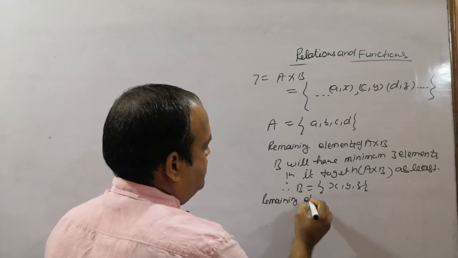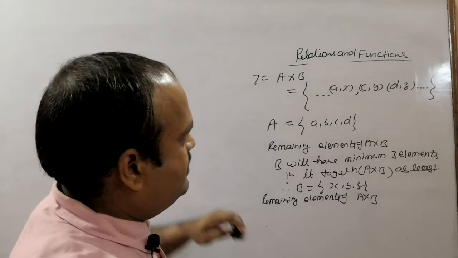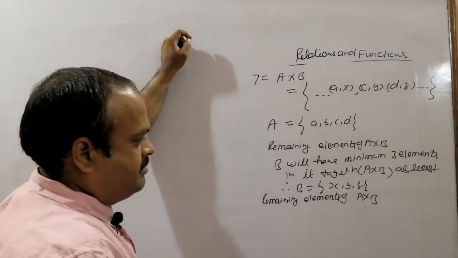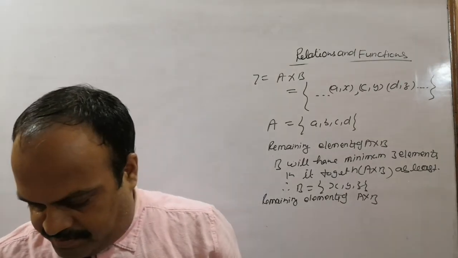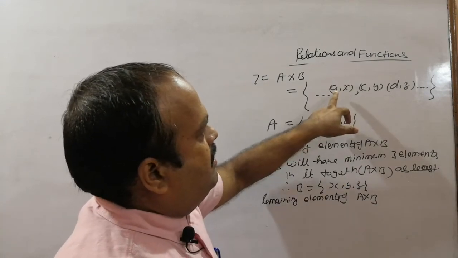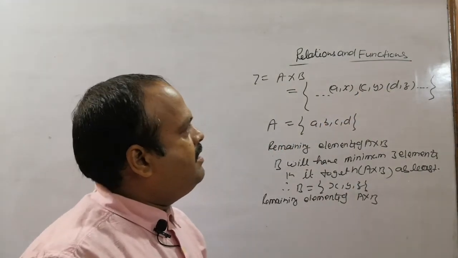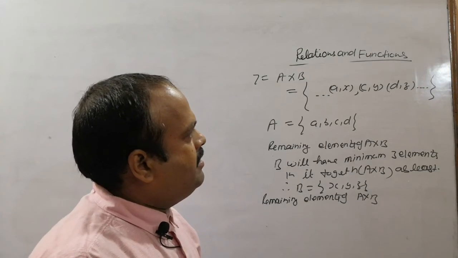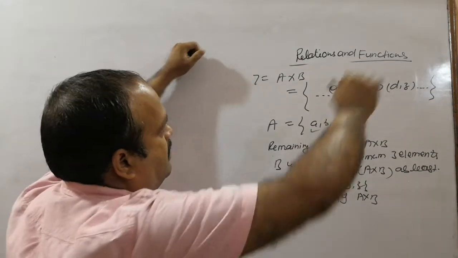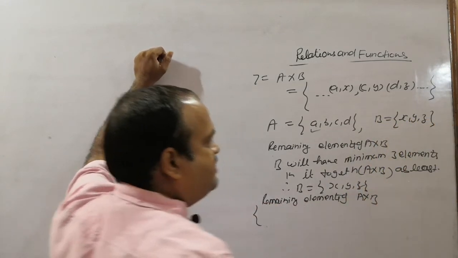So let us write the remaining elements of A cross B. A is a, b, c, d and B is x, y, z.